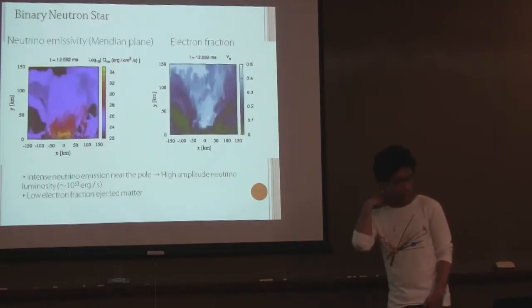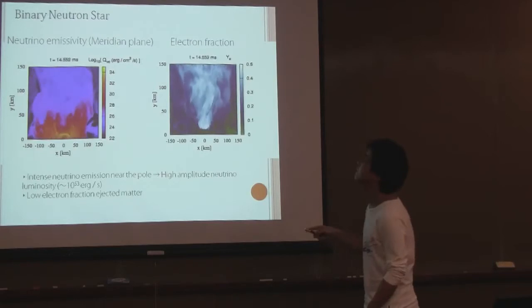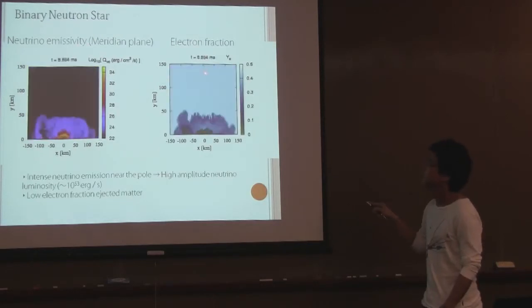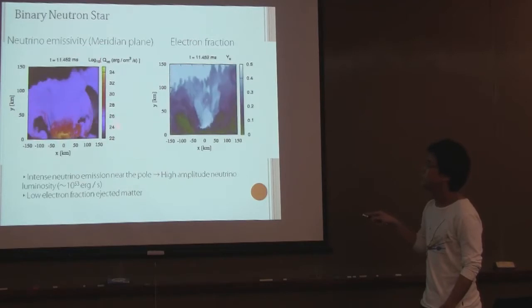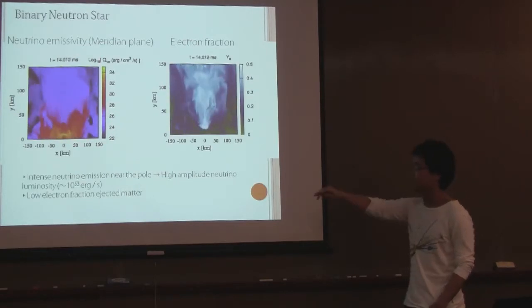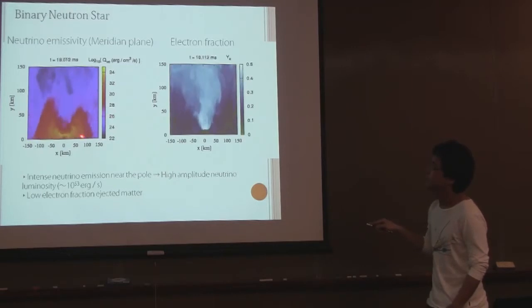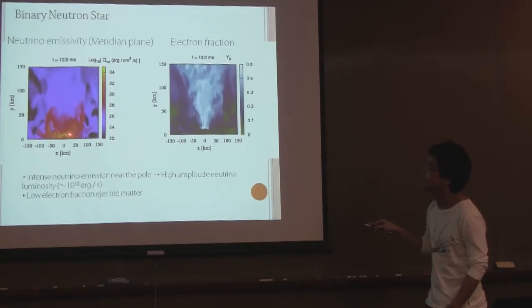This animation shows the neutrino emissivities and the electron fraction. We prepare the plane which is perpendicular to the orbital plane. And you can see the intense neutrino emission close to the pole.